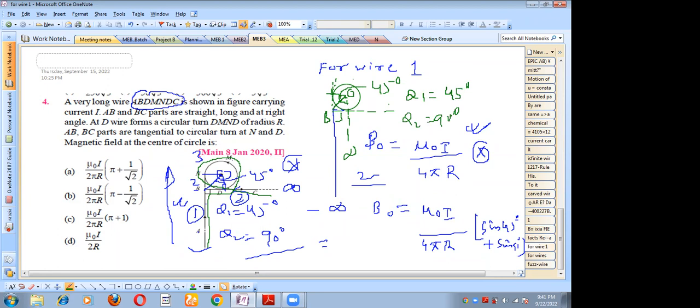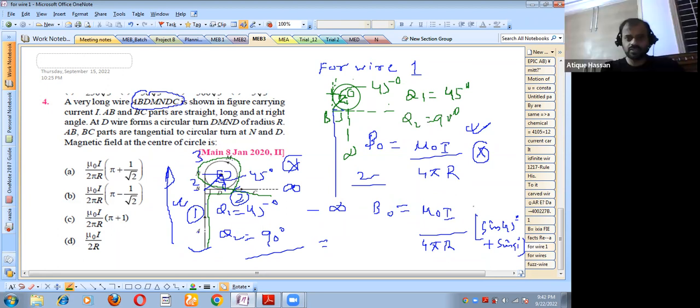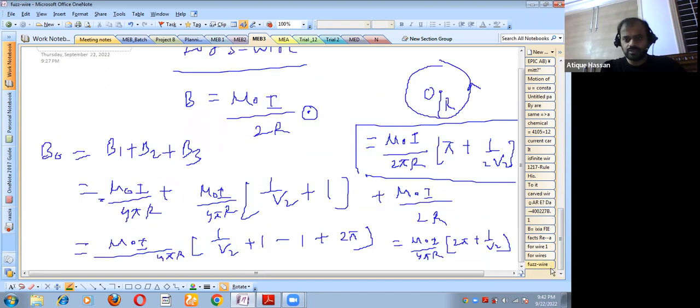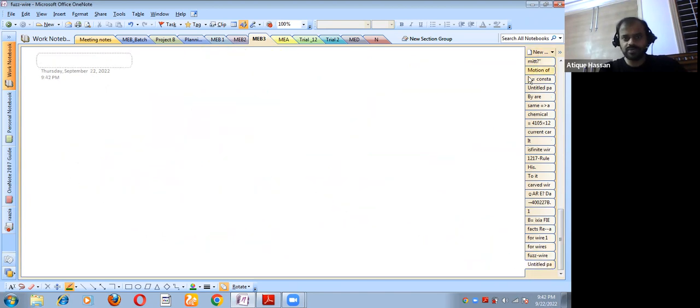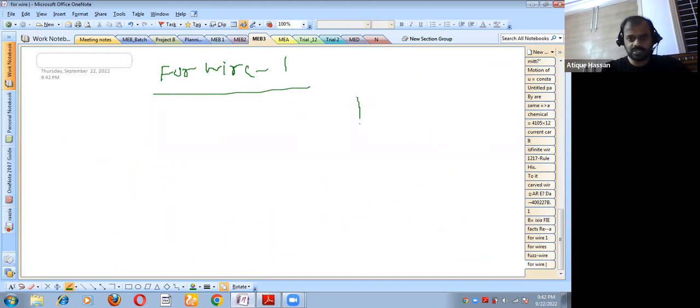Yes, sir. So here, when you are calculating the magnetic field due to wire 1, the point is coming like this, the current is coming like this, and the center was here.